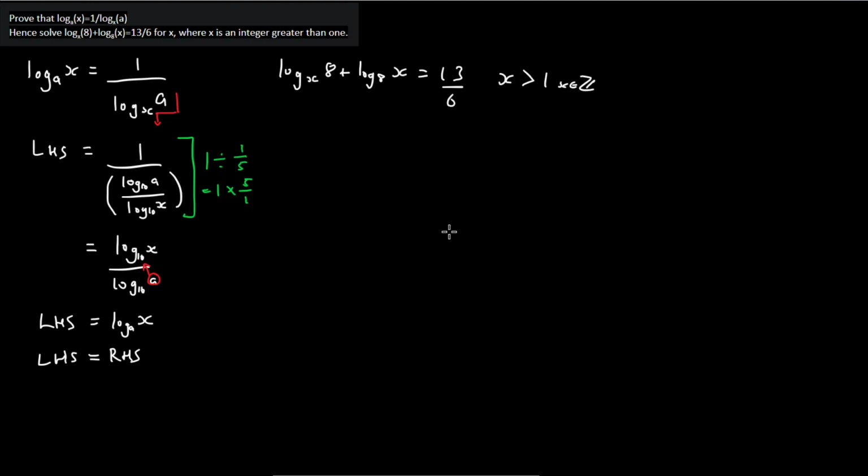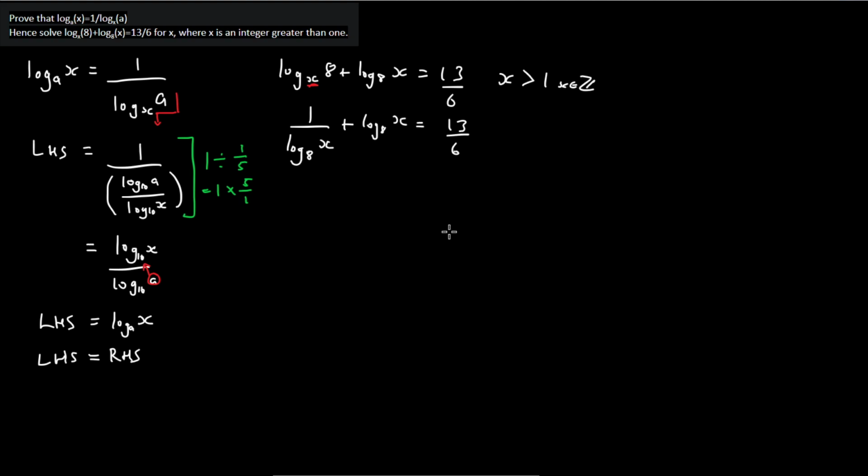Alrighty. Well, we want to get x by itself. So right now x is a bit of a problem for us because it's part of this base here. But we can use our previous result and say that first term is the same as 1 over log base 8 of x, plus log base 8 of x, which is equal to 13 on 6.